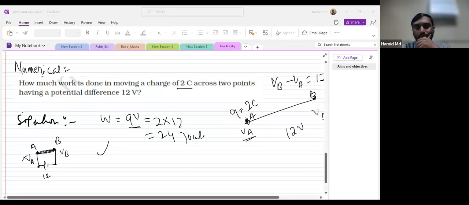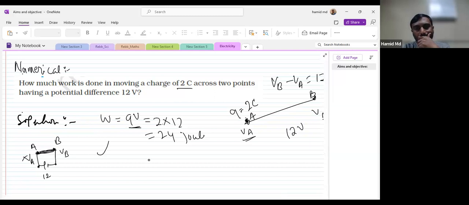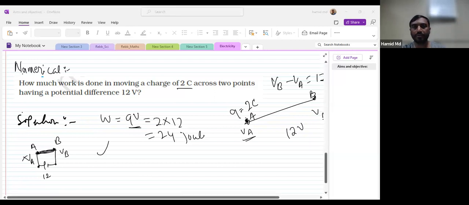So you wrote VB minus VA is equal to 12 volt. If they give VA and VB, you can subtract and find the difference. How do you calculate the difference in two quantities? Subtracting.